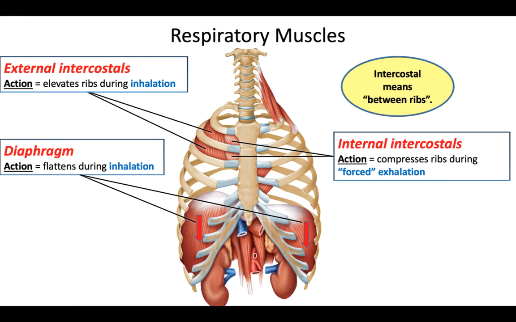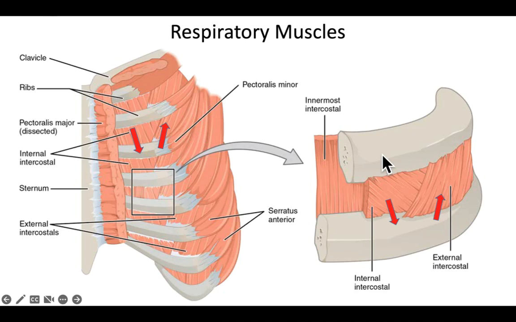All right? A couple more pictures, just a closer view. Notice here we're looking at a nice close view of the intercostals. There's actually another layer that I didn't tell you about, but we're not going to learn it here. We just want to learn the externals. Now notice what these are going to do. They're going to pull this rib up and out.